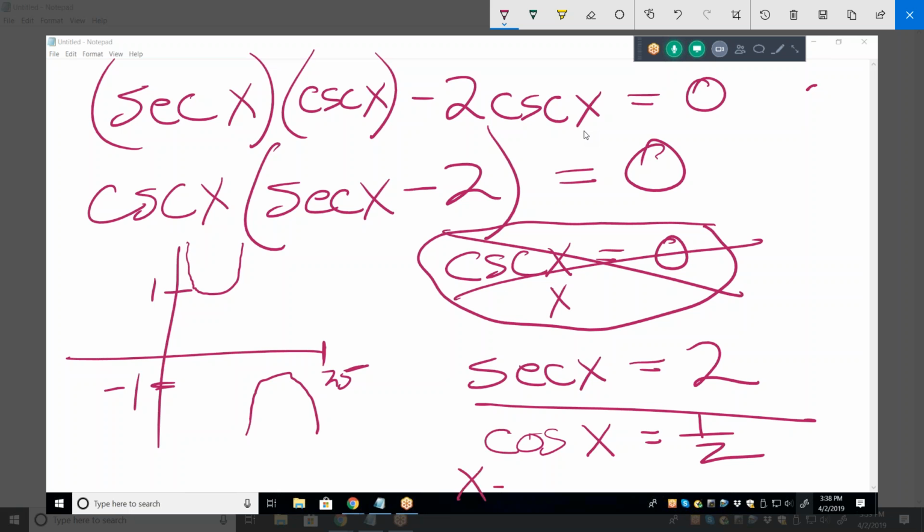So, where is cosine equal to 1/2 in the first quadrant? 60 degrees. And in the next positive quadrant? Next positive. So that would be 240. I'm sorry?